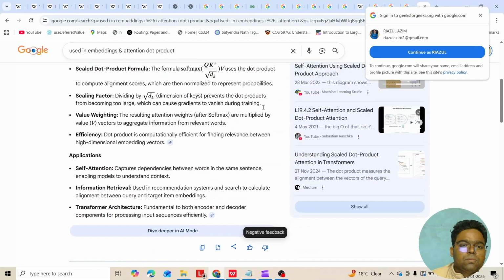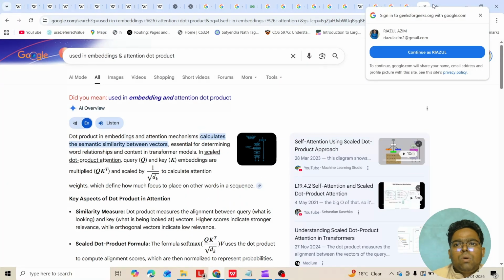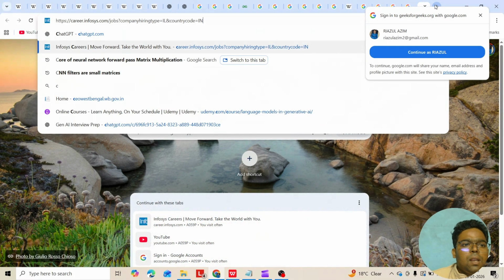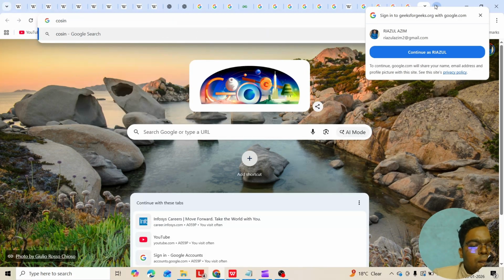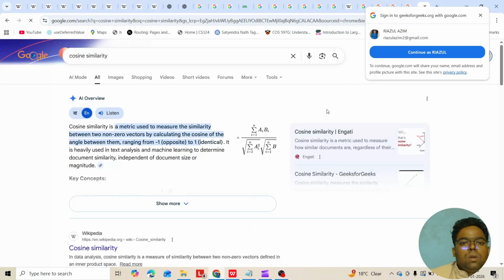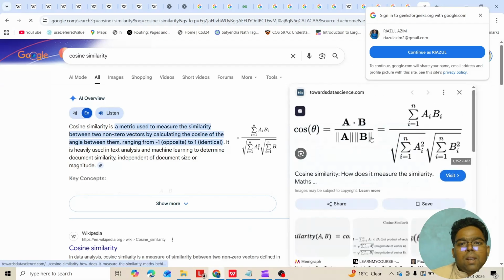You can also check cosine similarity as another example. Cosine similarity is also a dot product: cos theta equals a dot b divided by the root of the sum of a squared times the root of the sum of b squared.